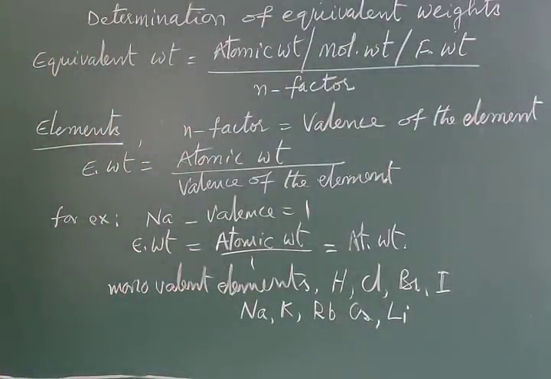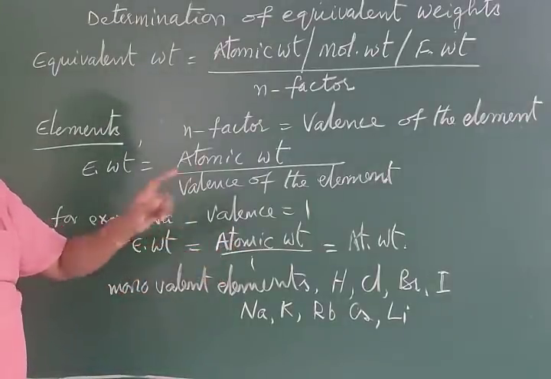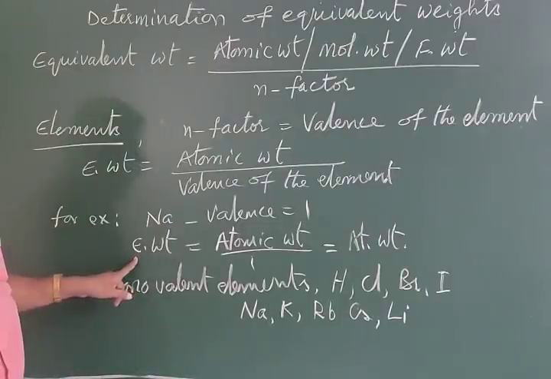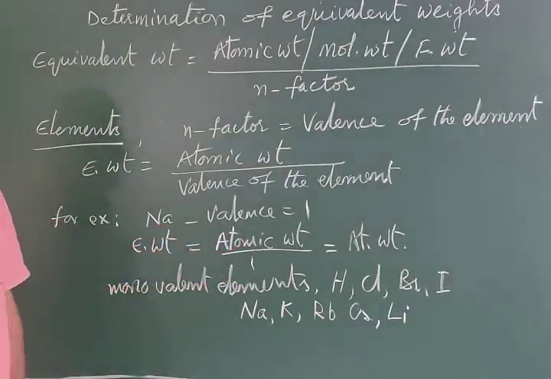For all these, the valence is 1, so equivalent weight is same as the atomic weight. The equivalent weight of sodium is same as atomic weight. Since atomic weight of sodium is 23, equivalent weight of sodium is also 23.